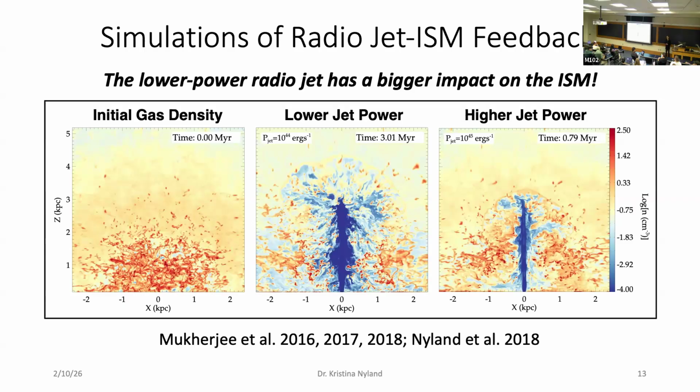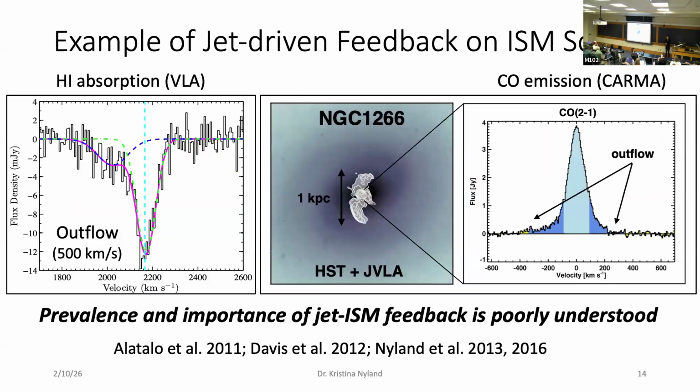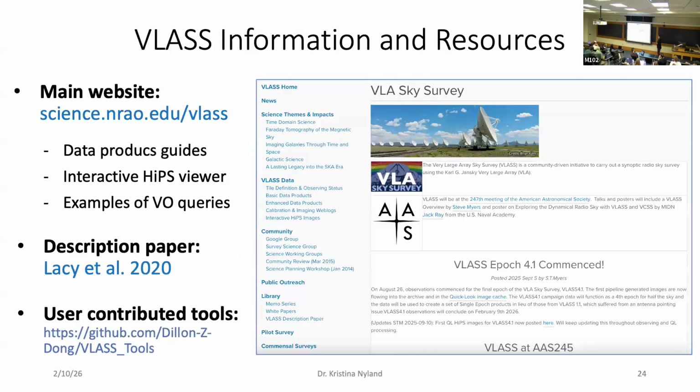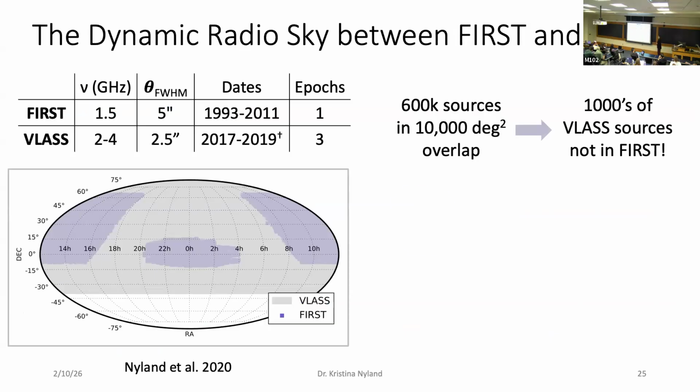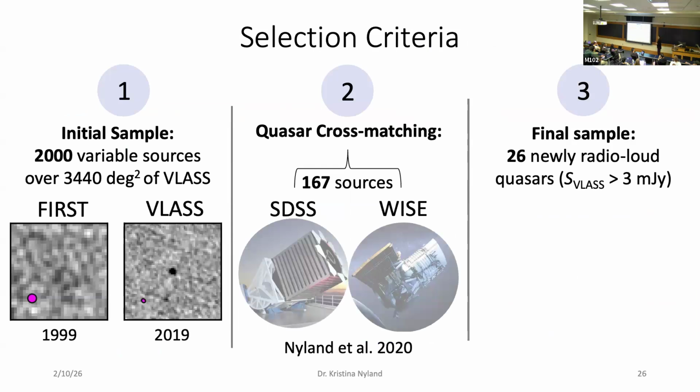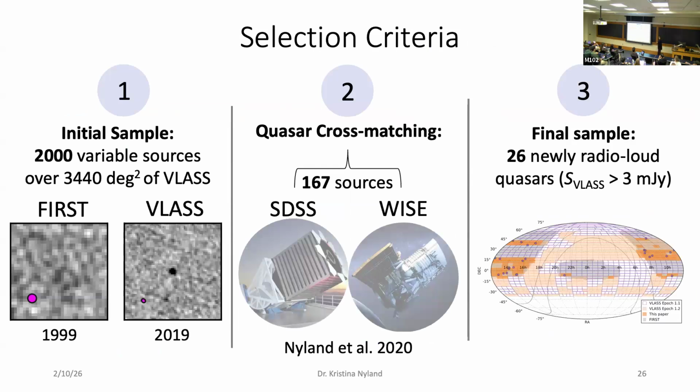Were you requiring that all your new things in VLASS were quasars, or did it just happen to be that way? That was a requirement. There have been some other papers looking at variability within VLASS epochs, and variability between VLASS and FIRST or other surveys. Different groups have chosen to do this part differently, and there are still more ways to do that.